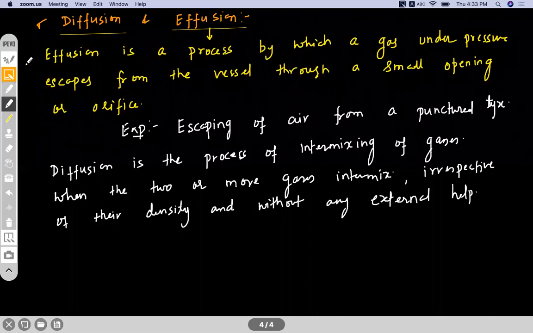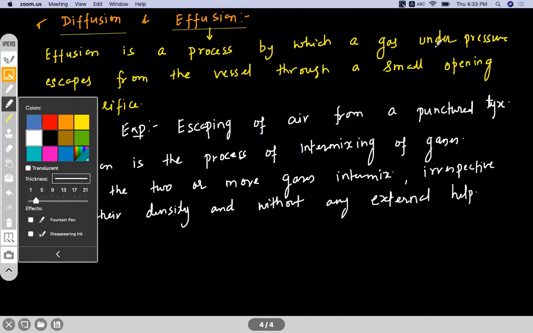But effusion, you see, is under pressure. Okay, this is the basic difference between the two.